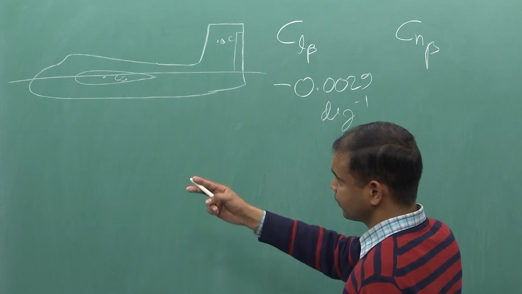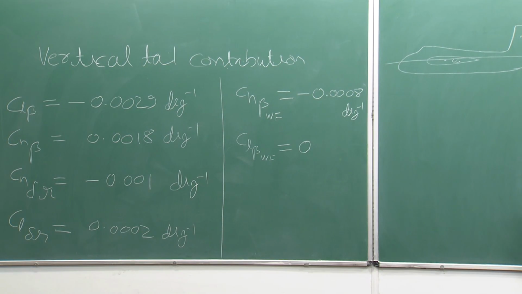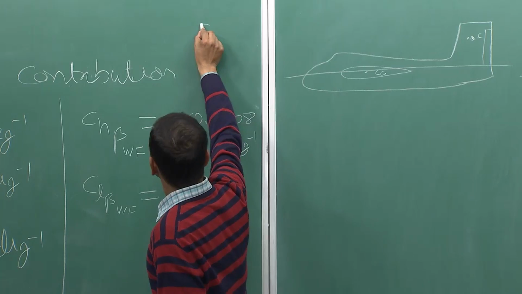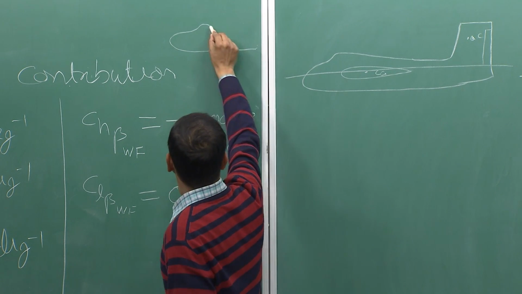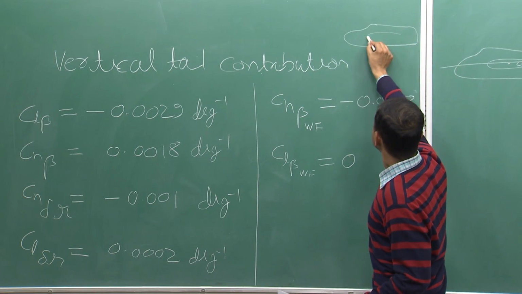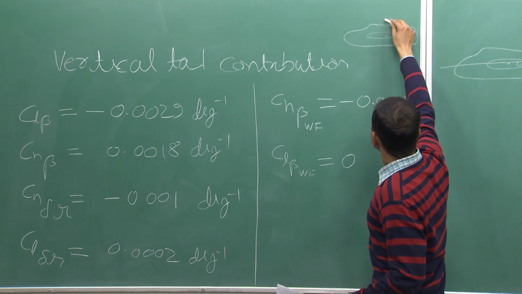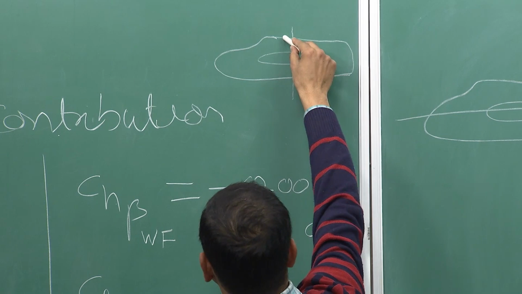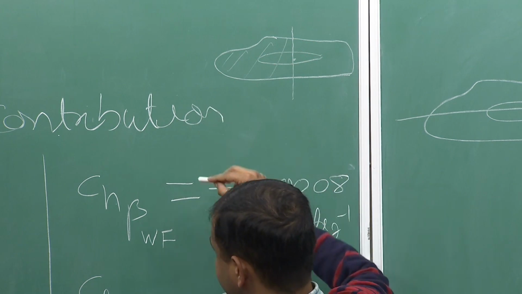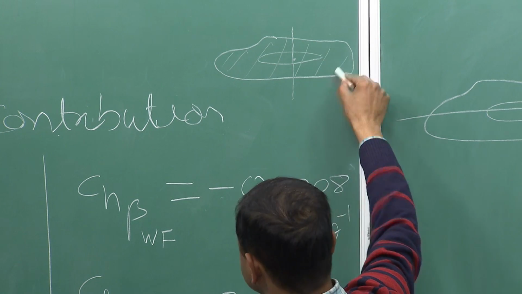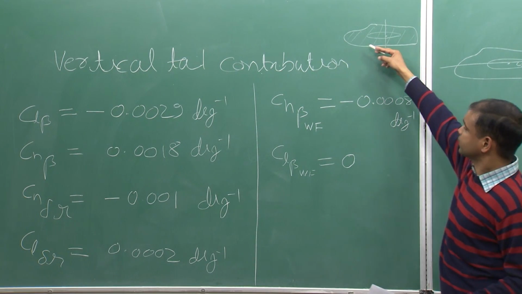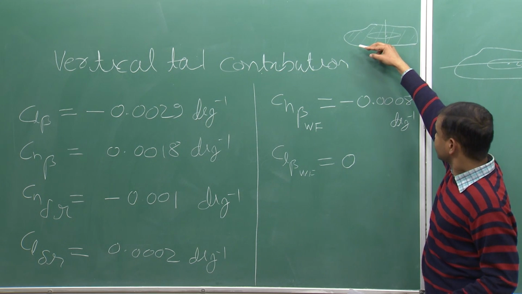What will be the value of Cn beta? The contribution of wing and fuselage to the Cn beta is minus 0.008 per degree, and do not get confused with this minus sign. If our CG is located in such a way that with only wing and fuselage, about this z axis, this portion is creating more moment than this portion, then this will be negative, because a positive beta will generate a negative yawing moment.